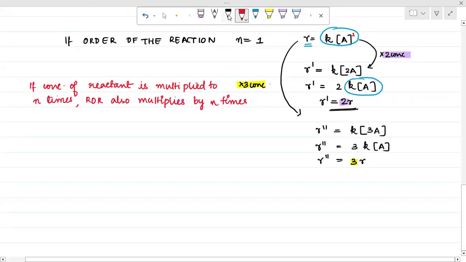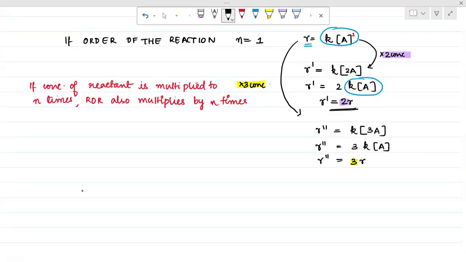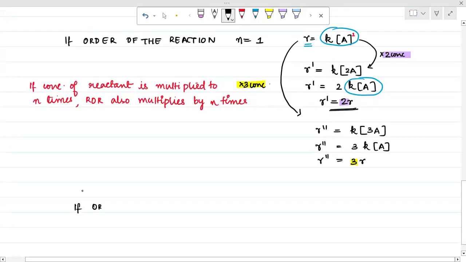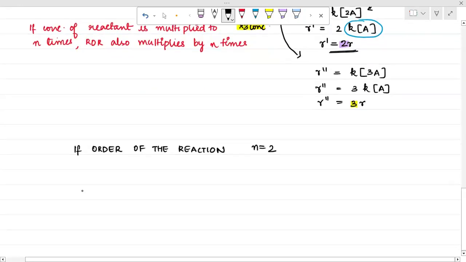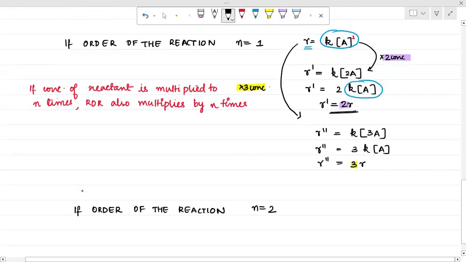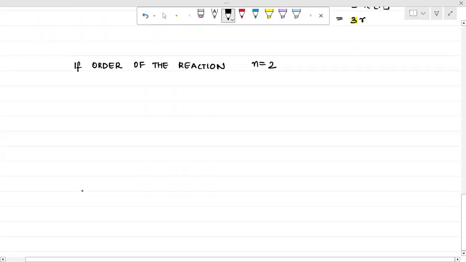One more general expression and then we'll be moving to the questions. Okay? If the order of the reaction is, let's say, n is equal to 2. Now, try it on your own.